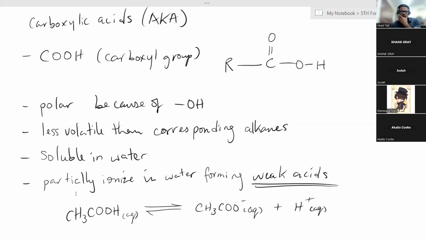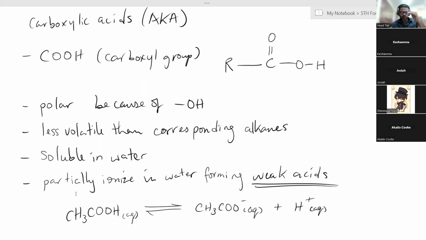Kishona, what do alkanoic acids react with? No, not water. As Josiah said, they react with alcohols. So he's correct that they react with alcohols. What else do they react with?